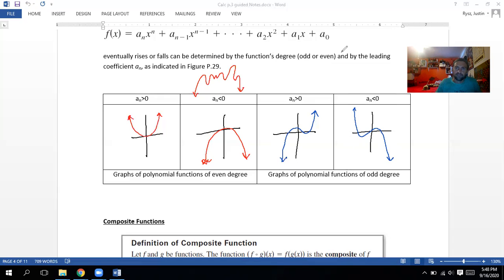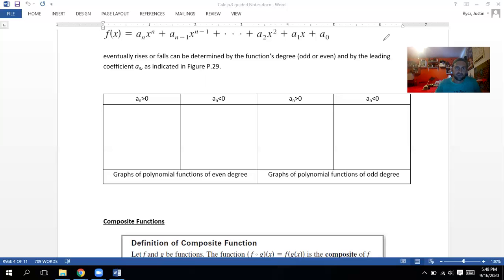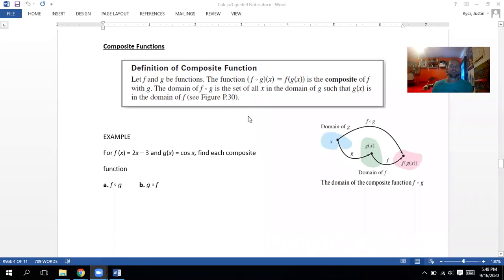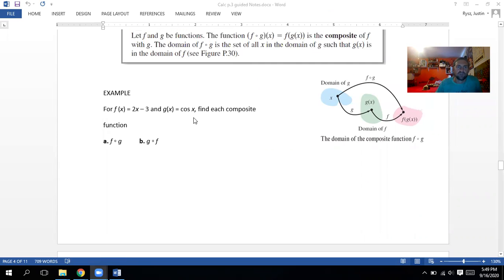So now let's focus on what today's CYU is going to be over. Composite functions. So composite functions are functions inside of another function. The one thing is that the range of the one function, the inside function, becomes the domain of the next function. So let's just make sure we know and remember how to write these.